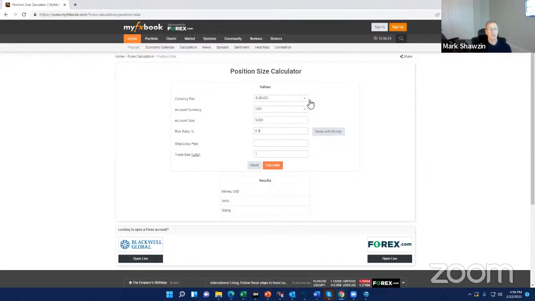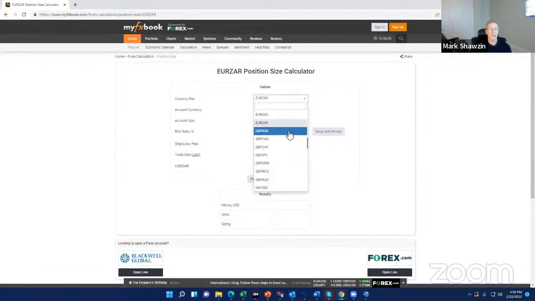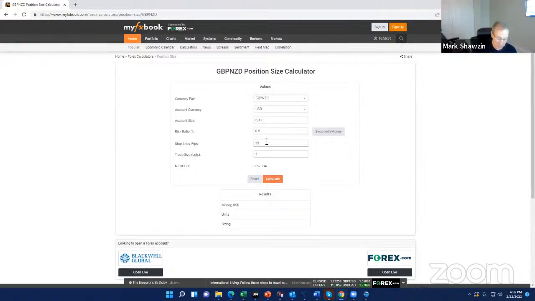So you can see in this particular example of the pound New Zealand, so we'll scroll down here to the pound New Zealand trading pair. And in that particular example, my risk was 137 pips. So this is where they're trying to change this calculator, made it really kind of not intuitive.